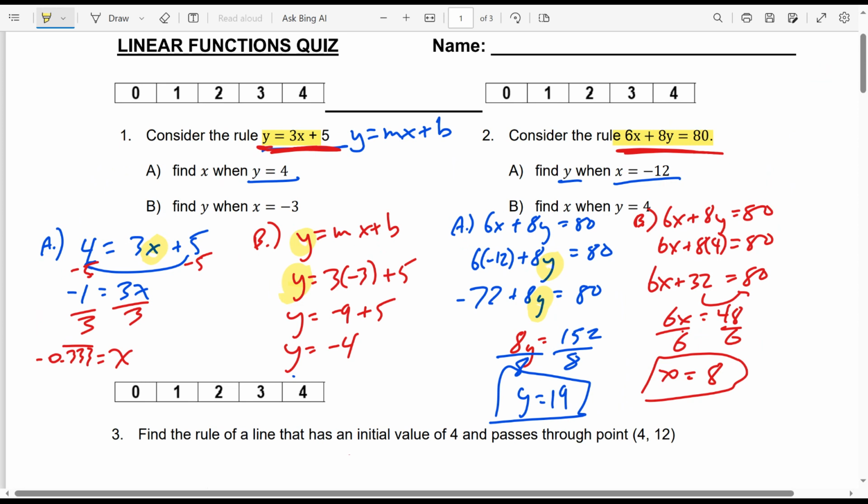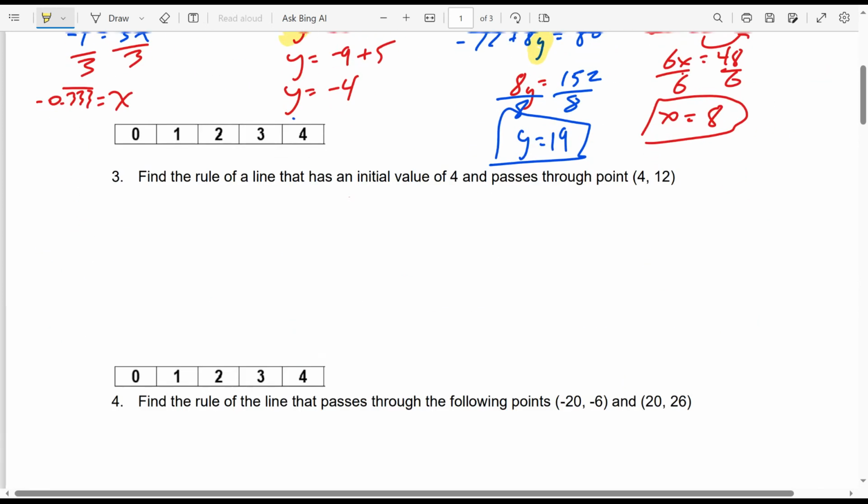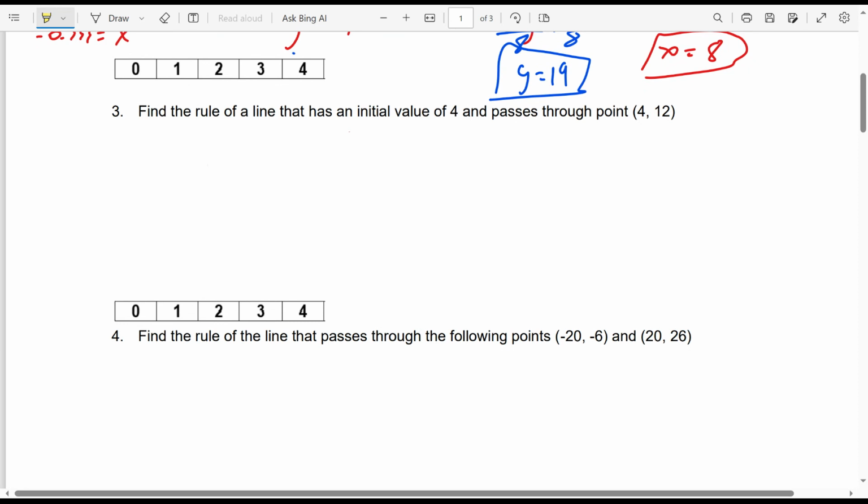"Sir, initial value means like one of the points that it gives you is 0. It means the x is 0." Yeah, exactly. So initial value is a phrase that needs to be known. If I have an initial value of 4, what it's telling me is exactly what Bradley just said: 0 is my x value.